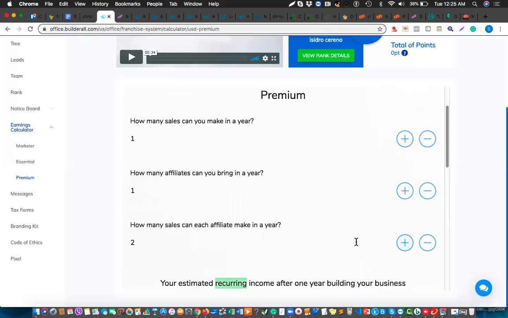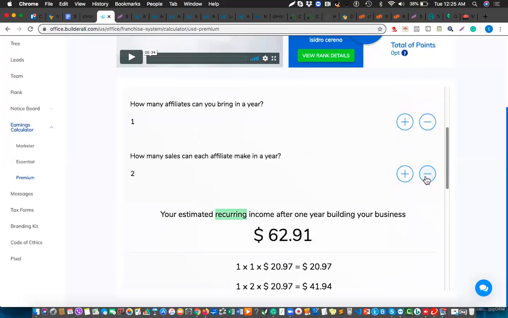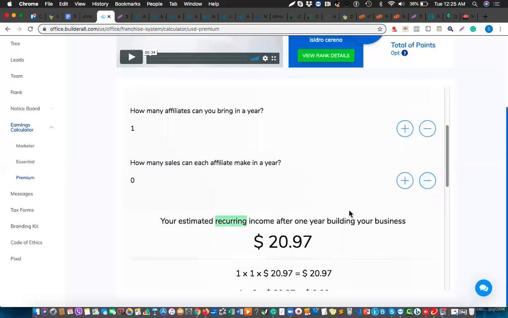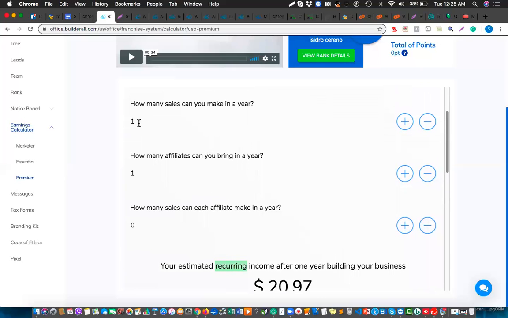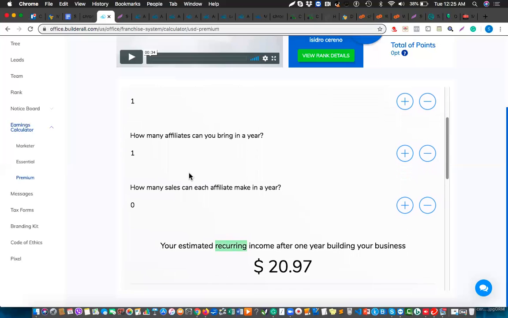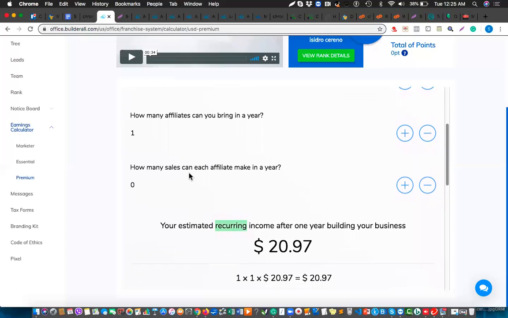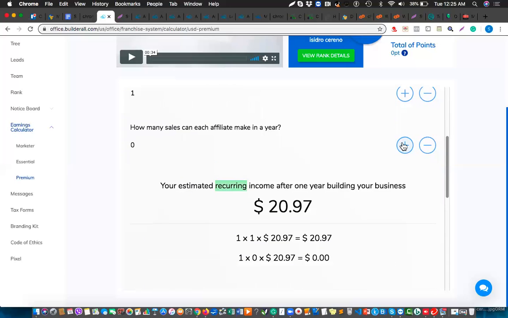Let me show you how your recurring income is going to rise. You just have to make one sale this month under you, and then help that person make two sales this month. As soon as he makes two sales, your recurring income will be $62 a month. Make sense?